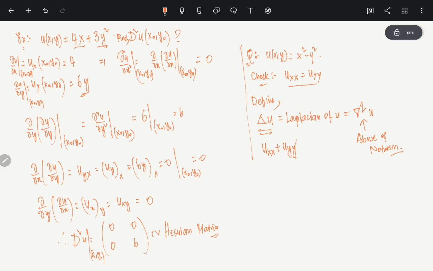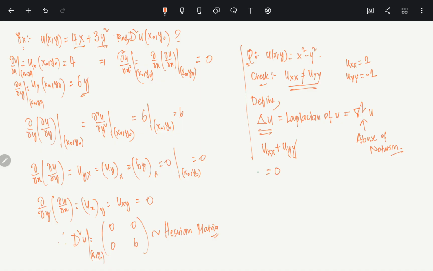First of all, we have to check for u(x,y) equals x squared minus y squared: is u_xx equal to u_yy? Let's just check. It is very easy to see that u_xx is going to be 2 and u_yy is going to be minus 2. So this is definitely not true. But if you look at u_xx plus u_yy, it is always 0.